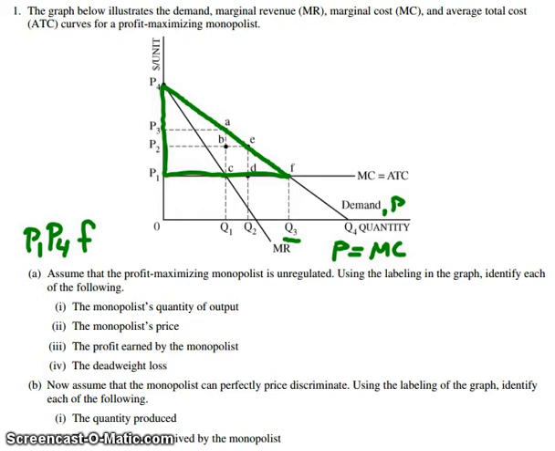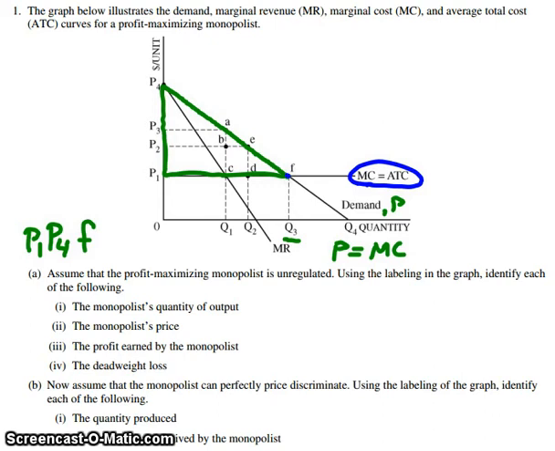Part D asks whether the monopolist, facing the regulation to produce the socially efficient quantity at a single price, is earning a positive profit, zero economic profit, or incurring a loss. The answer would be that since price is equal to our costs, marginal and average total cost here at F, the firm is just going to break even.